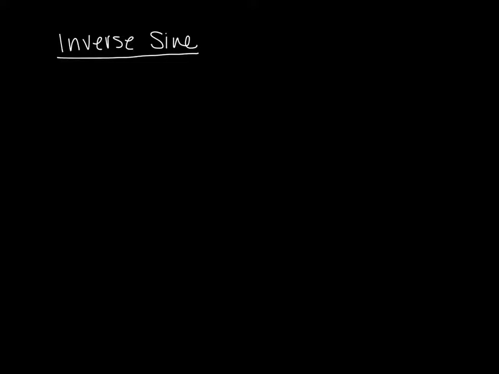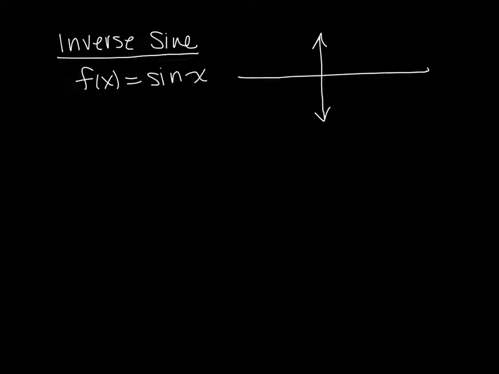So let's talk about the inverse sine function. Before we can talk about inverse sine, let's just talk about the sine function. So we have f of x is equal to the sine of x. And if we graph this, it looks like this.